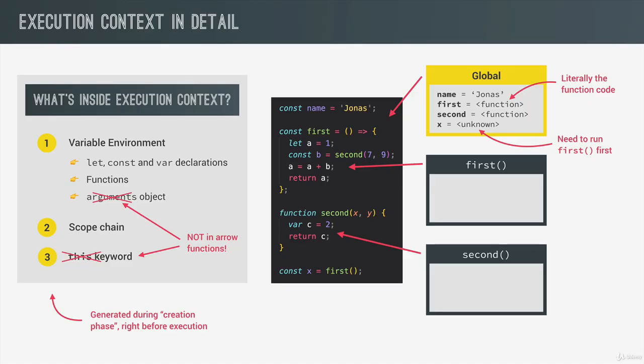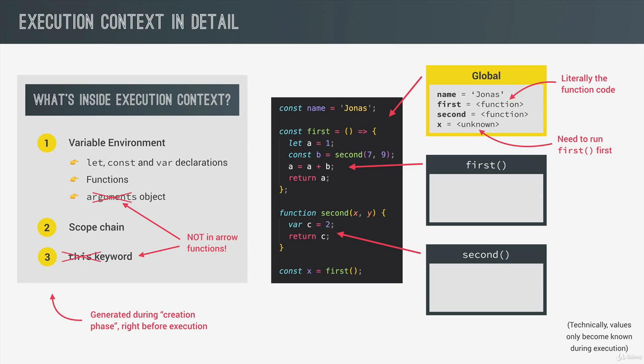But we will simulate this in the next slide. Now, technically, none of these values actually become known during the creation phase, but only in the execution phase. So this is not 100% accurate here, but it's just to illustrate how these execution contexts work. Okay, so just keep that in mind.